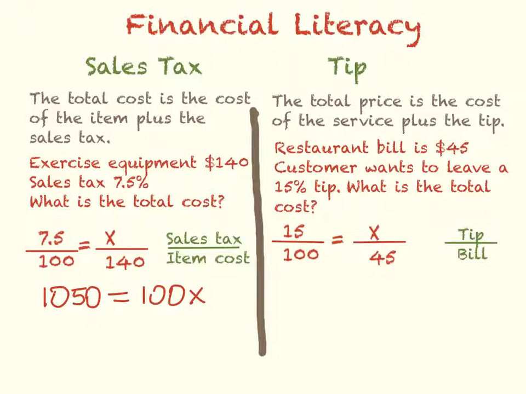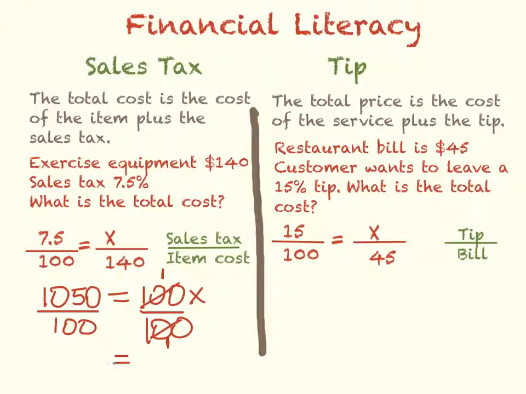Well, since we're multiplying 100 times the variable x, to undo multiplication we're going to use the inverse operation, which is division. So we're going to divide both sides by 100. And 100 divided by 100 is just 1 over 1, or 1.